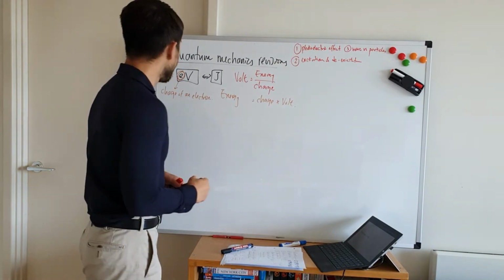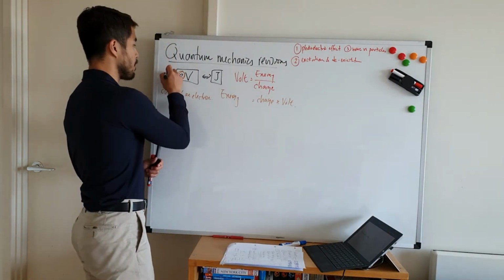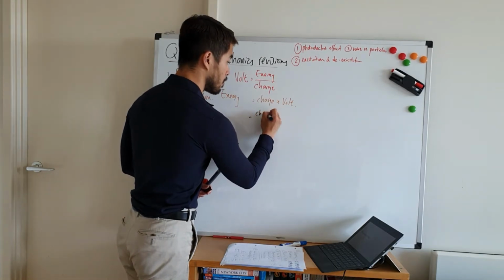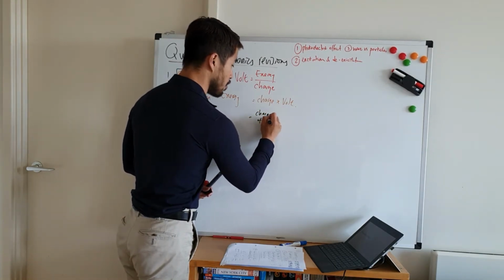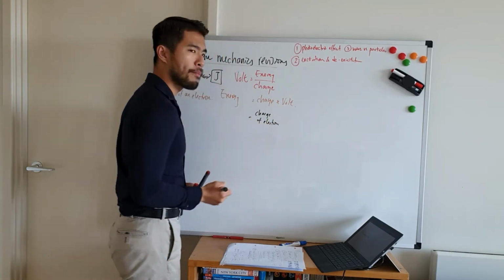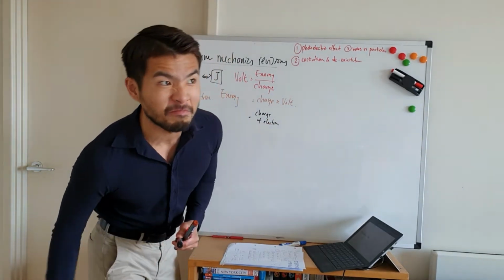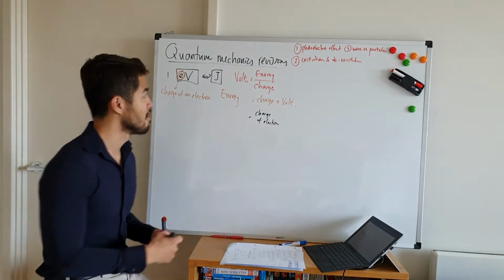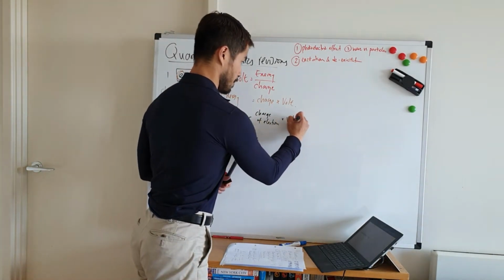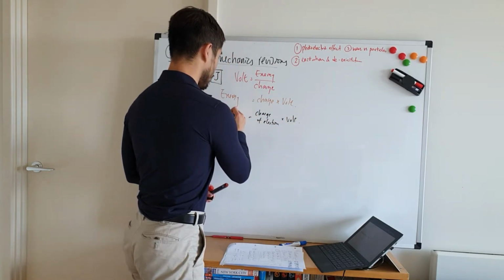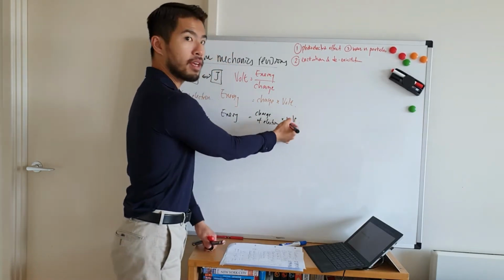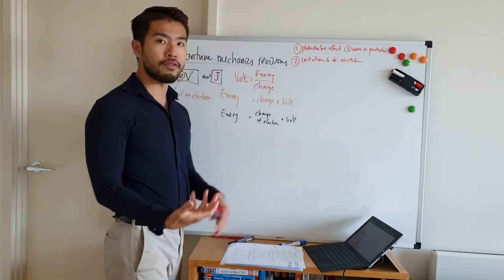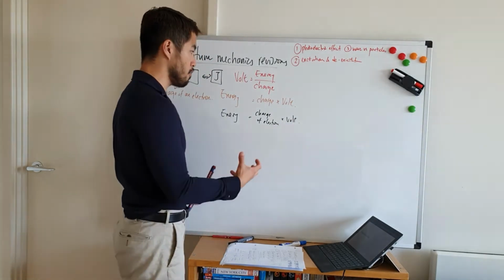When you say that I've got one eV, that means I've got one charge of an electron, which is 1.6 times 10 to the power of something, I can't remember, you need to look at your formula sheet, times the volts, is energy. If you have one eV, that's one volt. Two eV, that's 2 volts. 3 eV, that's 3 volts.